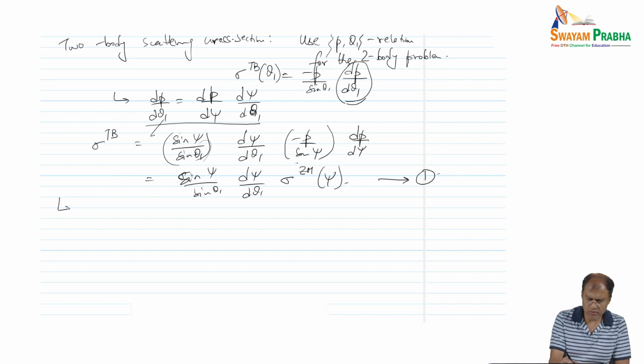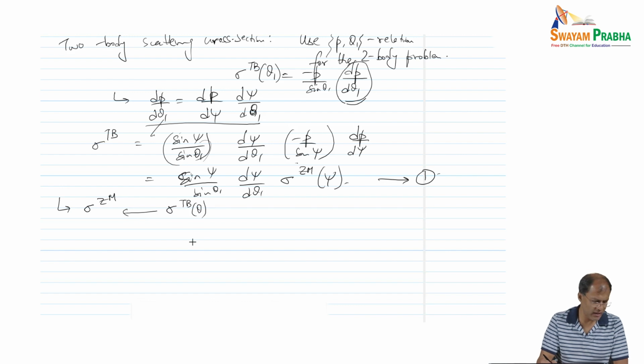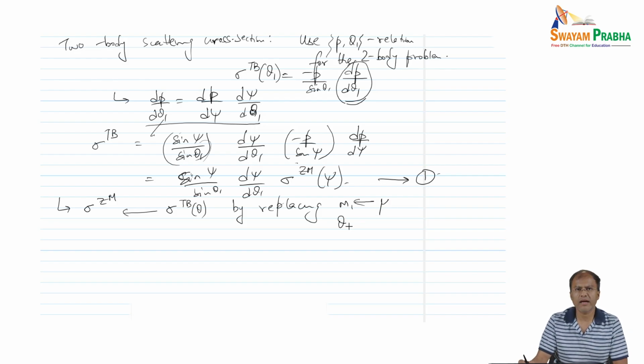So we can find sigma ZM from sigma two-body by replacing our mass m1 by the reduced mass, and theta, the scattering angle in the two-body problem, by the scattering angle in the zero momentum frame.